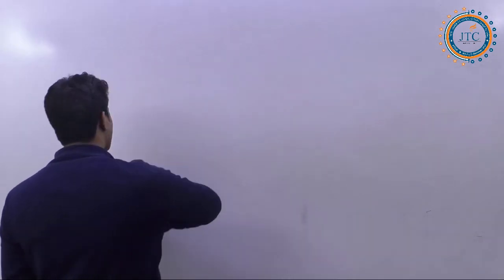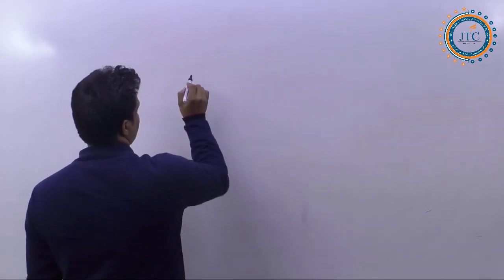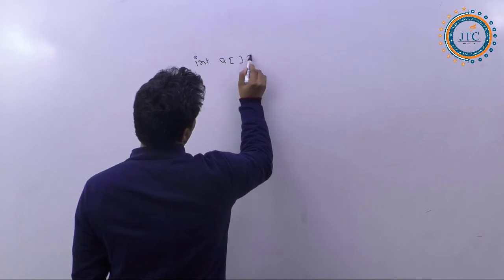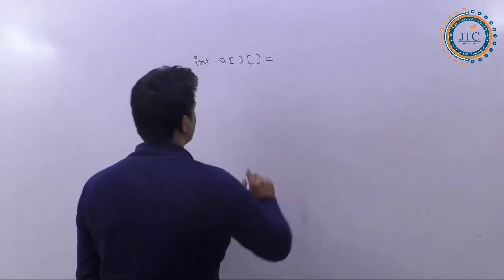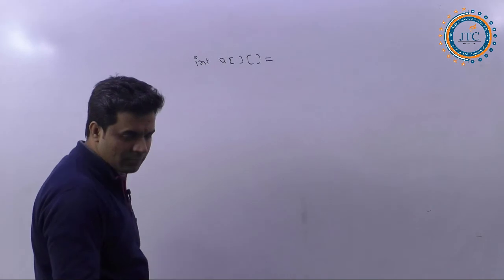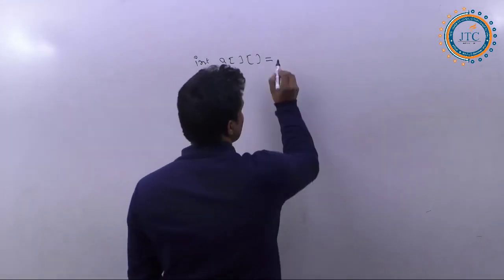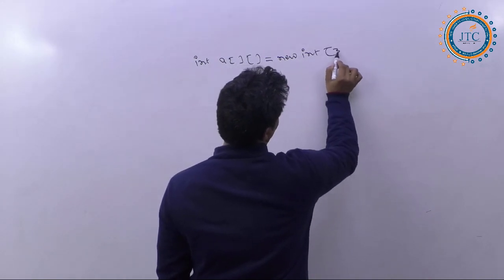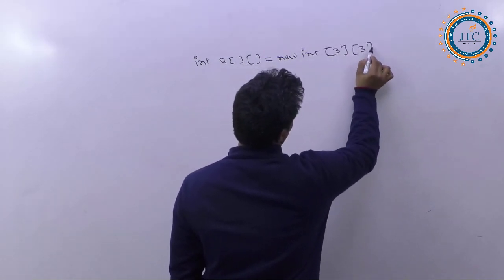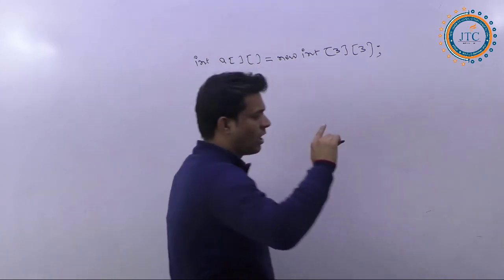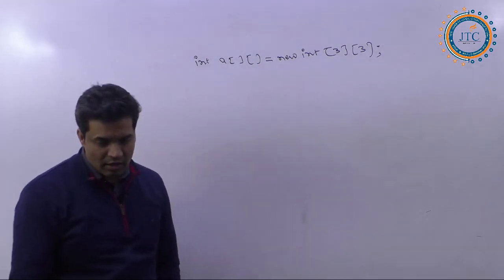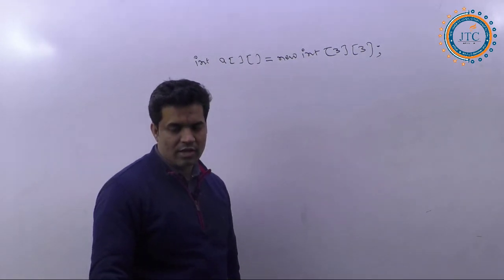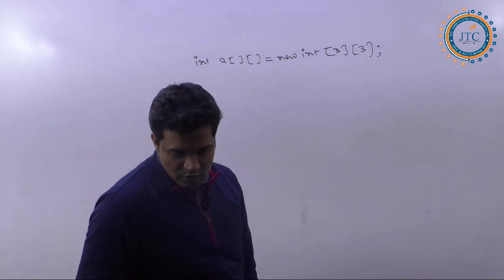So what I have to do in this case, see here, it's an int of a, right? It is int of a, I am doing it. So in this case now, new of int, here I am writing 3 and 3. So now you will start relating it with the 3 by 3 matrix representation, what you are going to have here.